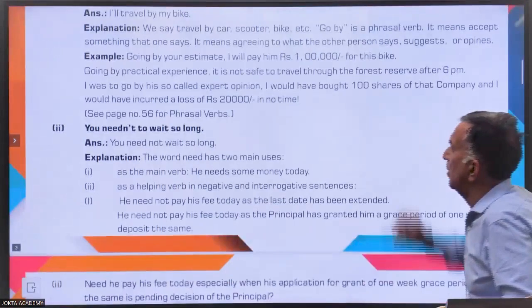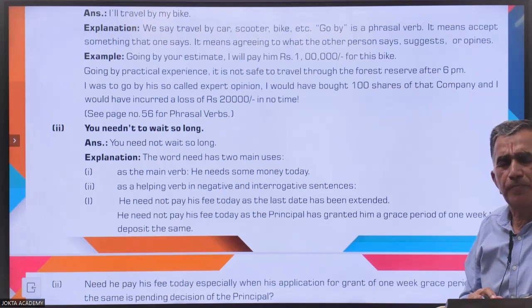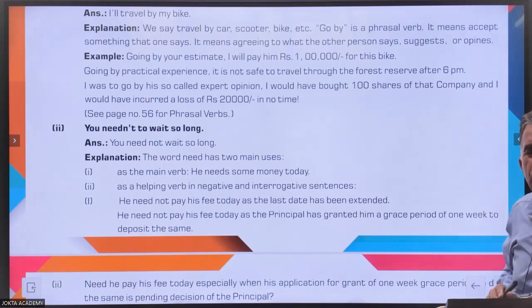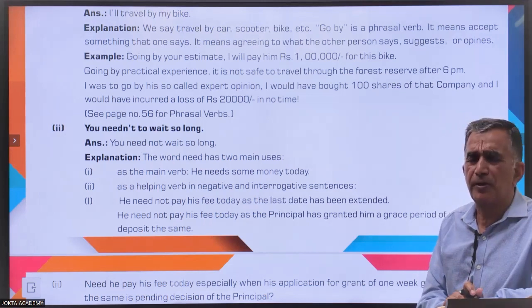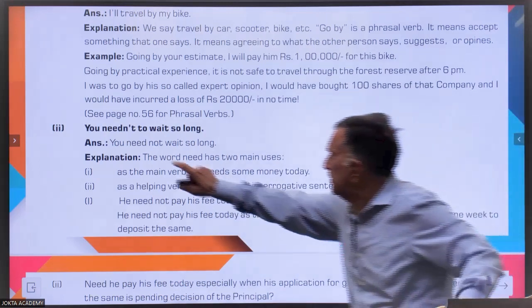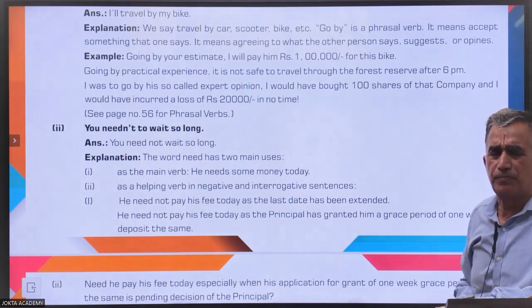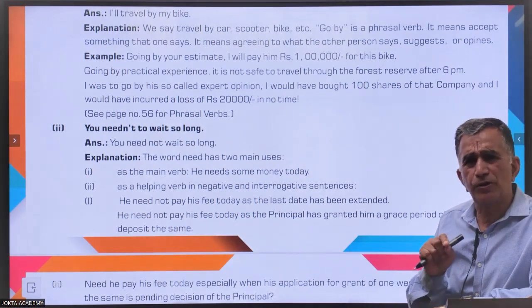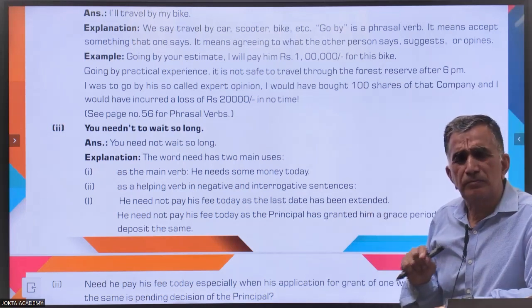Number 2, you need not to wait so long. Need can be used in two ways, as a main verb as well as the helping verb. When we use need as a helping verb, as we have done here, we don't require to. You need not go there. We don't use to here.